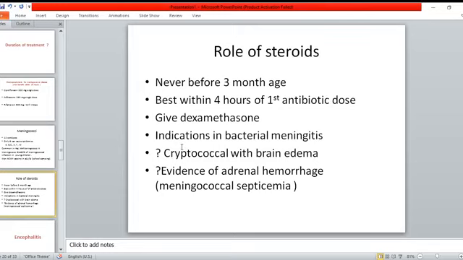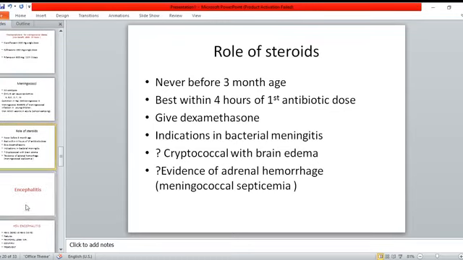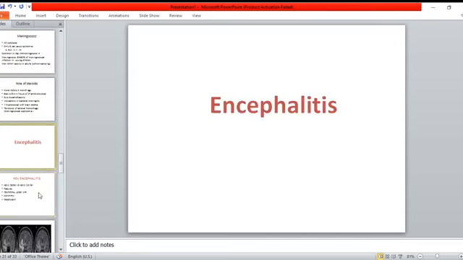In the adult patient it is given usually from 6 to 10 milligrams, or maybe 8 milligrams, every 6 hours for 4 days. So give 4 doses every day for 4 days. Better to start within 4 hours of the first antibiotic dose. Never give steroids in a young patient below 3 months.